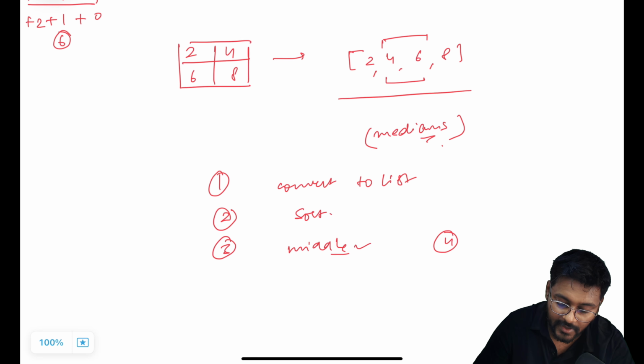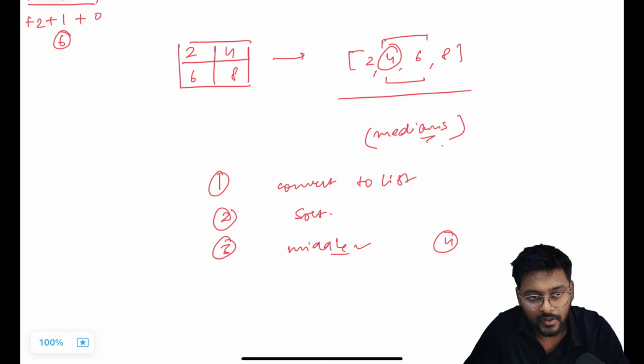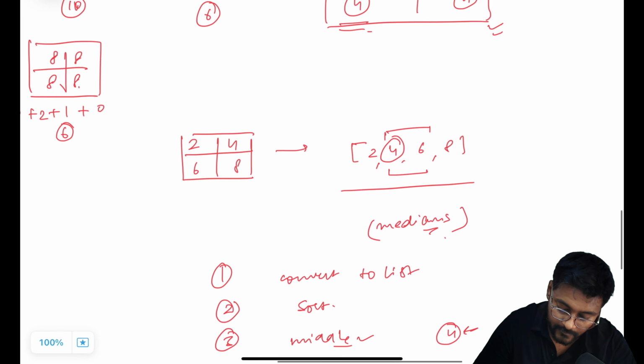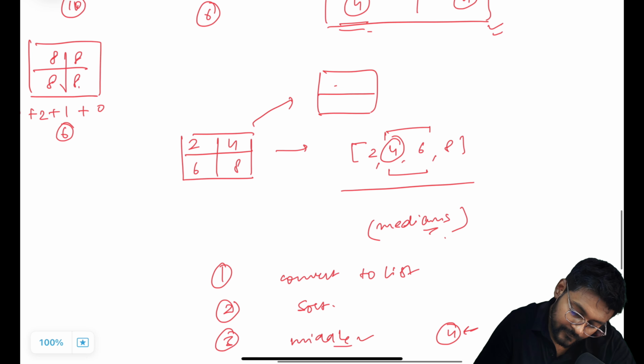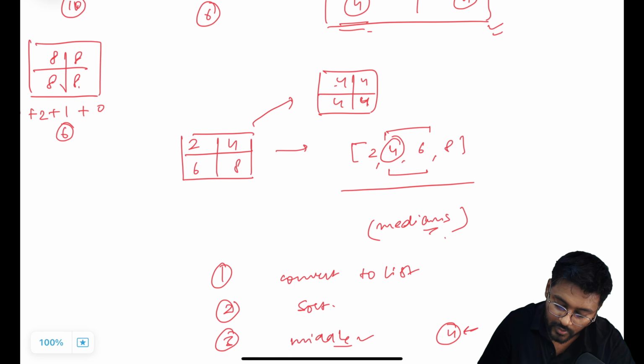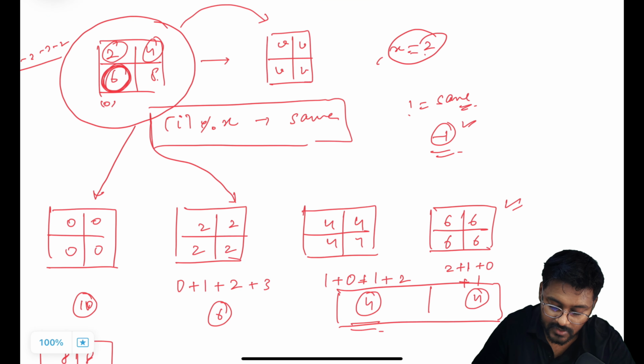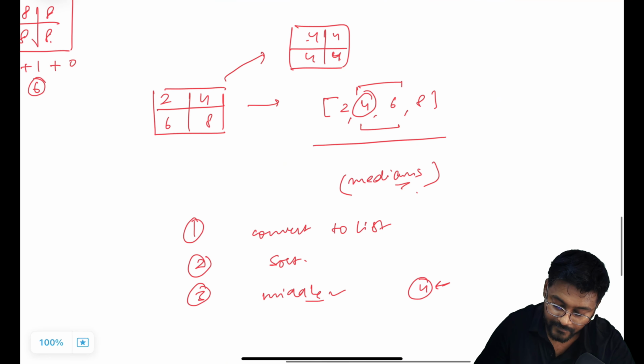Let's say I pick the middle element, 4, and I will try to convert every single element to 4. If I am converting the grid to 4, and 4 itself is from the grid, then from the above equation, every element taking modulus with x should be the same.